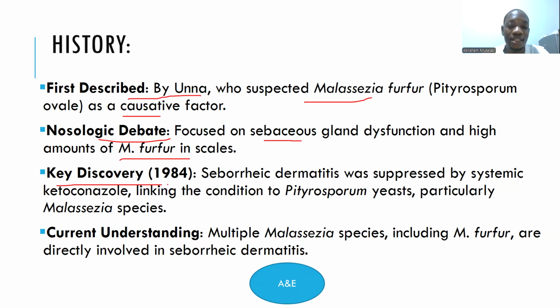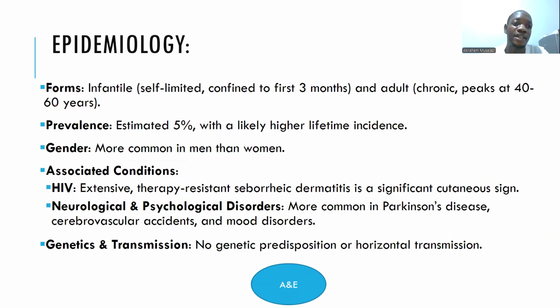Later on in 1984, with the discovery of the antifungal ketoconazole, when they used it to treat seborrheic dermatitis, there was good improvement. That's why up to date we may think it is the yeast that is causing the problem. So the current understanding is that multiple species of Malassezia, including Malassezia furfur, may be directly involved in the development of seborrheic dermatitis.